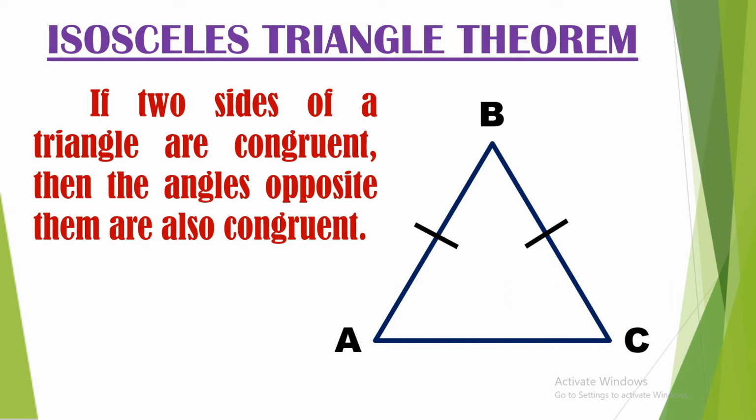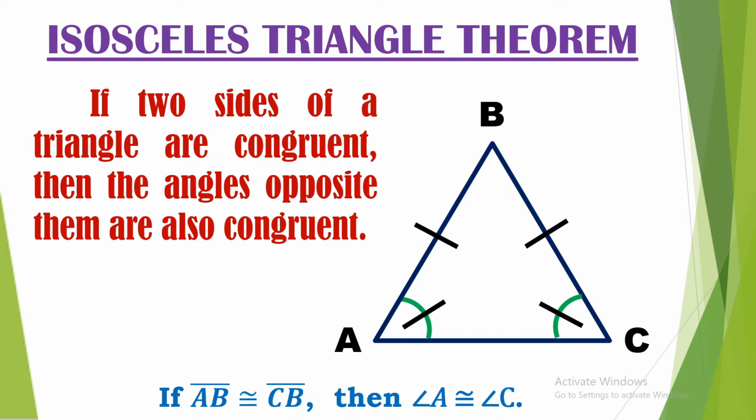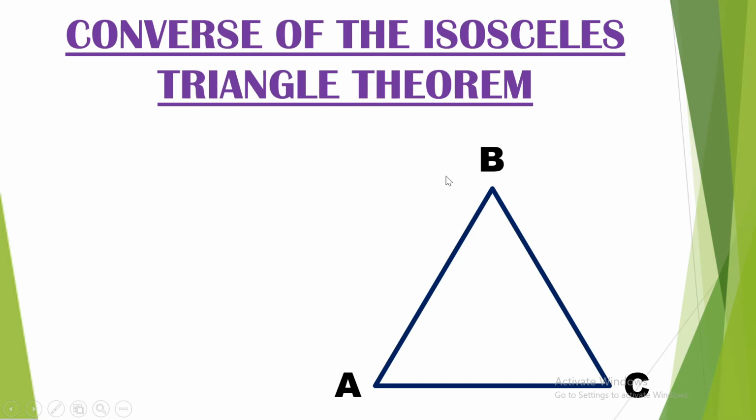The angle opposite to segment AB, that's angle C, and the angle opposite to segment BC, that's angle A, are congruent. In symbols, we have if segment AB is congruent to segment CB, then angle A is congruent to angle C.